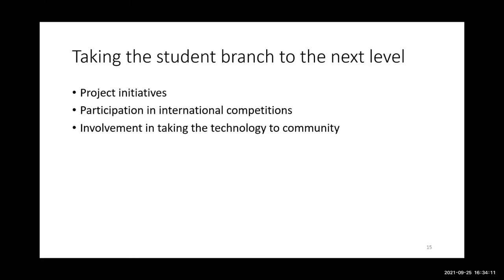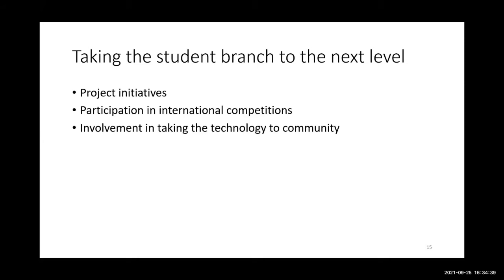You can discuss with the teachers and industry specialists, and come up with some long-term plan, like a project you can do for several years, and then when it matures towards the final year, that can produce something which can be taken to a good international competition. So that is the way it should be done. So you can participate in an international competition, right?